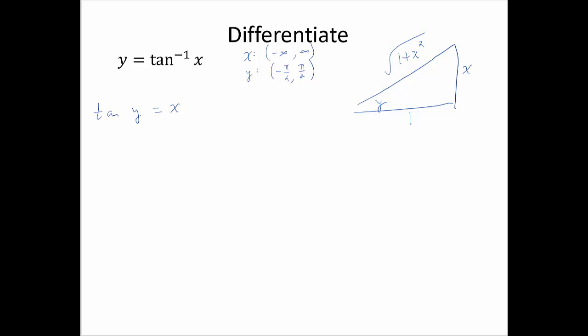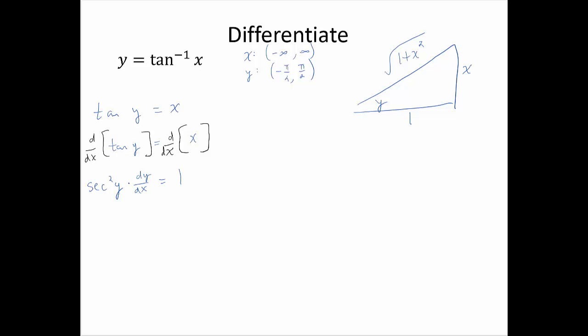Applying the differential operator, I'd have d by dx on both sides. So d by dx of tangent y is equal to d by dx of x. The derivative with respect to x of tangent y, well, the derivative of tangent is secant squared y times, by the chain rule, dy dx, equals, and the right hand side is just 1.